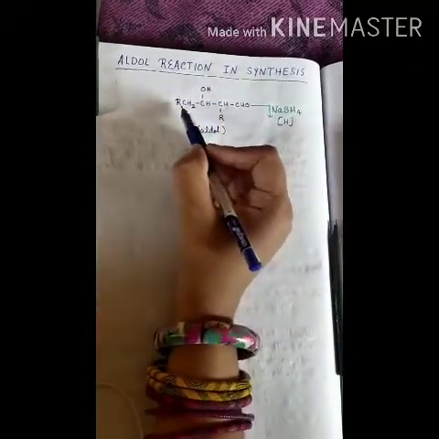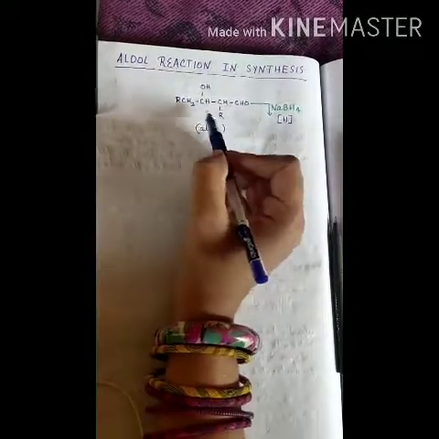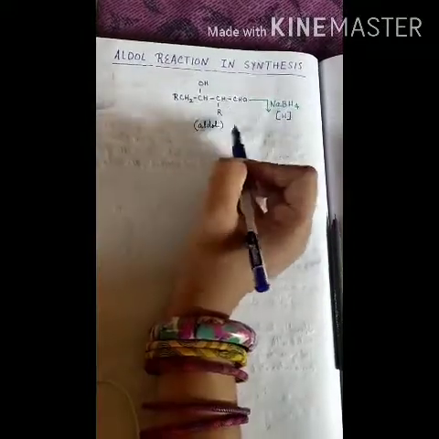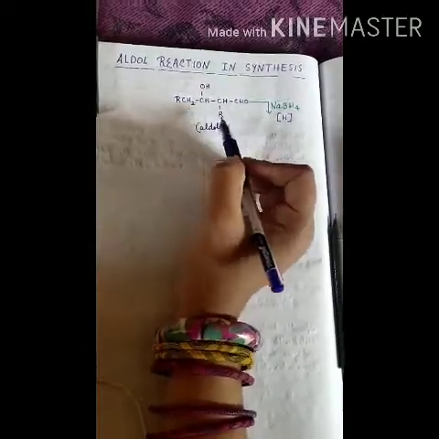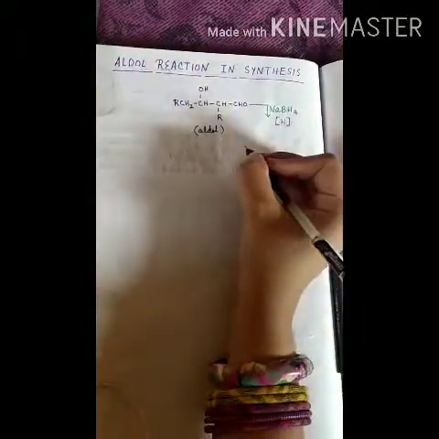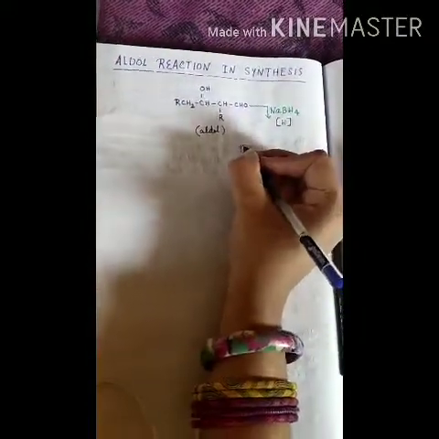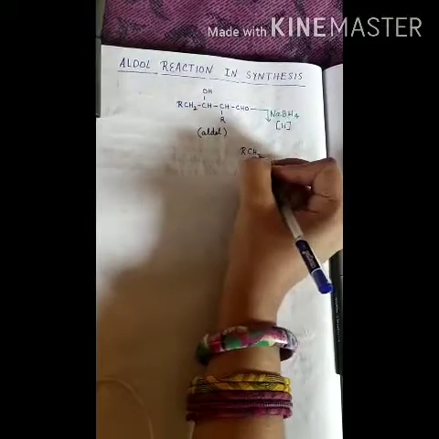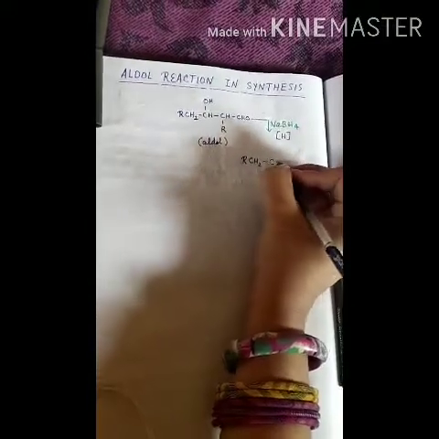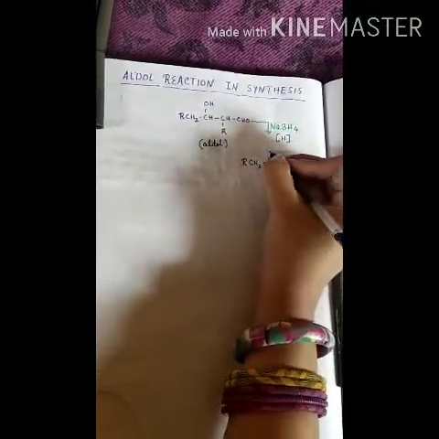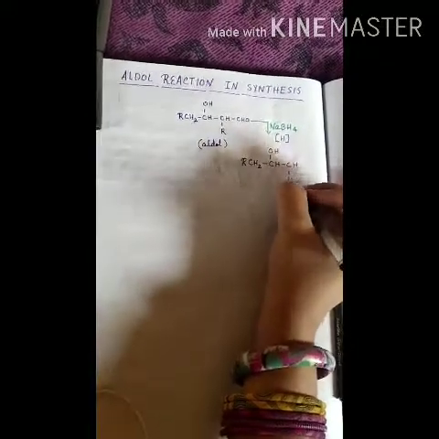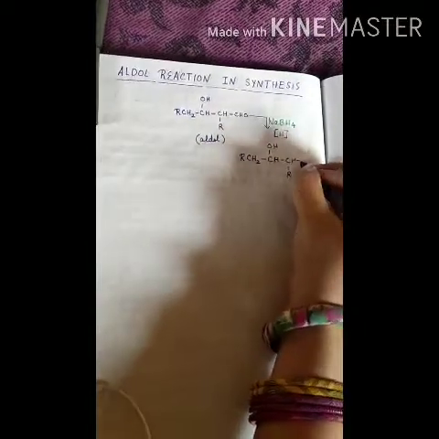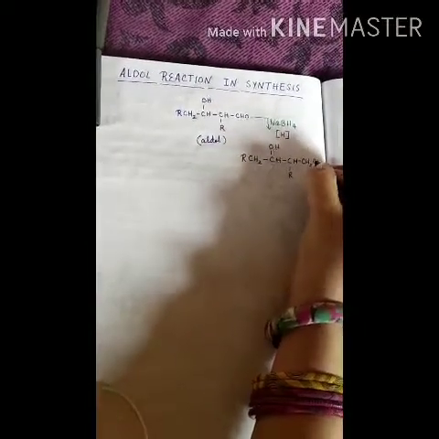And here in the aldol I have used two R groups to indicate that the aldol need not be a specific one. Any type of alkyl group or different type of groups present here will undergo the same type of reaction. So after reduction with sodium borohydride, we will get RCH2, CHOH, CHR, and this CHO will get reduced to CH2OH.